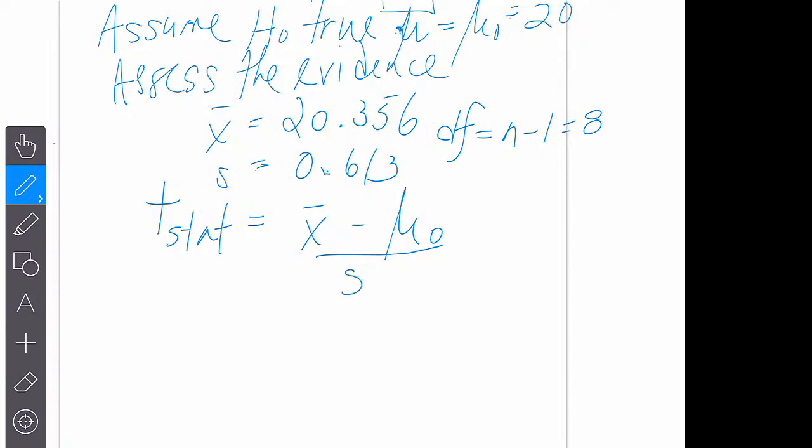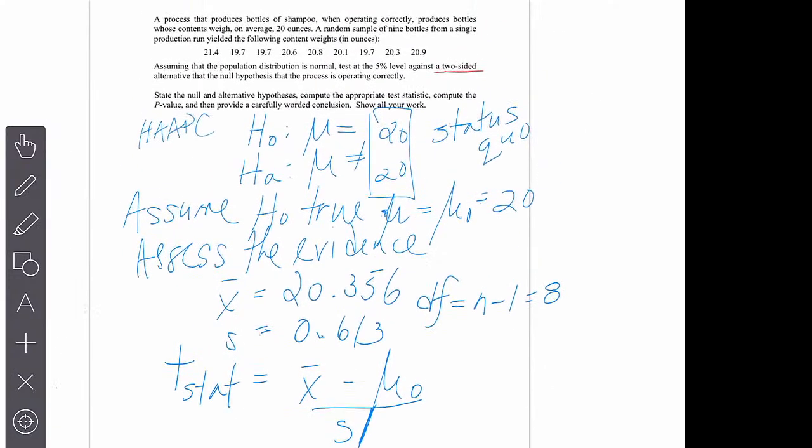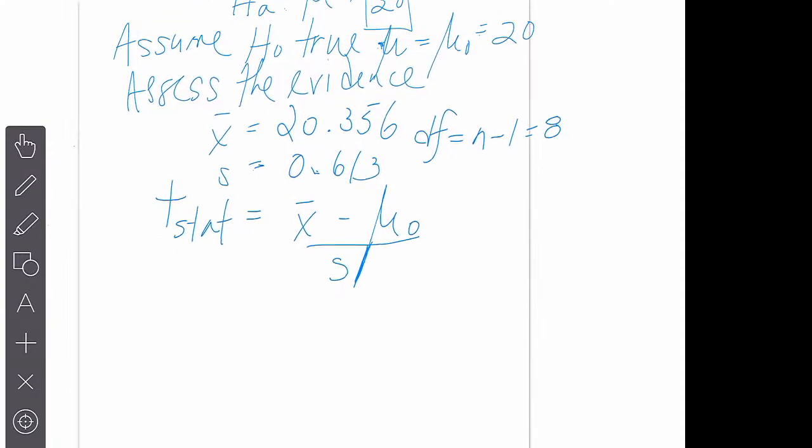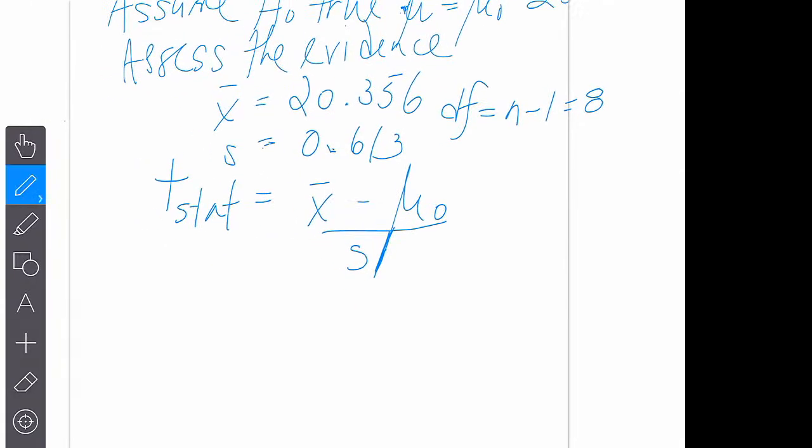Now this S is the standard deviation of the sample results, the standard deviation of the weights, right? But I want to know what's the standard deviation of the mean weight. This result is actually formula number 3 from the formula sheet, where I take the standard deviation and divide by the square root of n. So anyway, again, review my videos. So this is the standardized value.